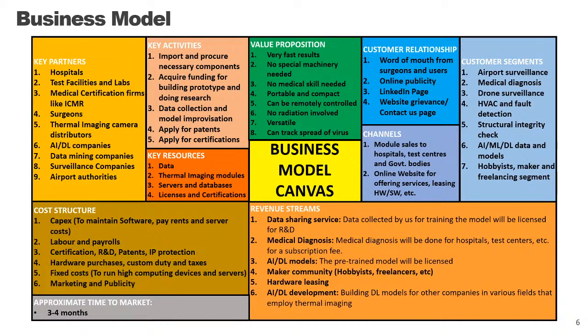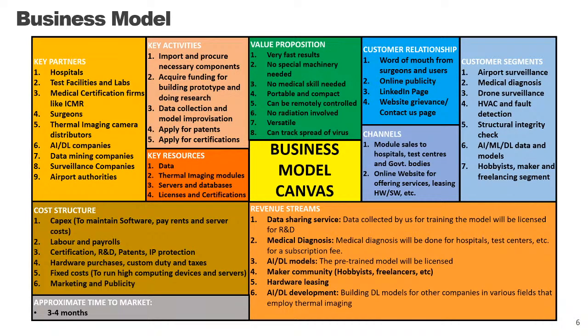So we are trying to develop a new kind of data set, a new kind of application of thermal imaging, that proves it can be used in a much more efficient and better way. There is no open source data set of this kind available right now.